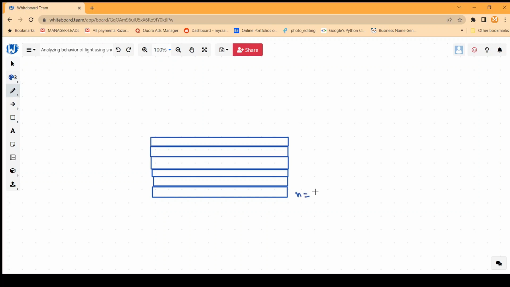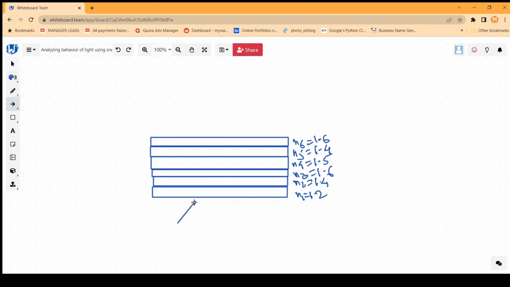So this one is 1.2, N2 is 1.4, N3 is 1.6, N4, let's say 1.5, and N5 is 1.4, and N6 is 1.6 again. So now we are going to track the ray of light.